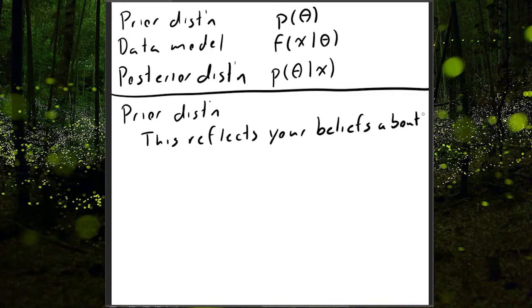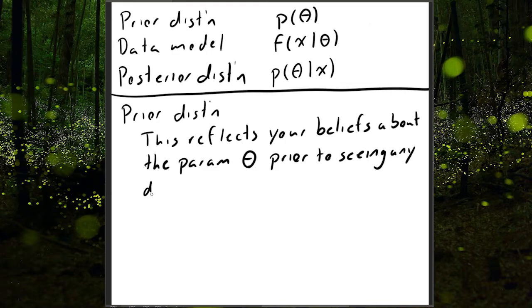So the prior distribution reflects your beliefs about the parameter theta prior to seeing any data. Now, because this isn't a Bayes class, I'm not going to talk too much about different choices of prior that we could pick, other than to say that I can do this a few different ways.